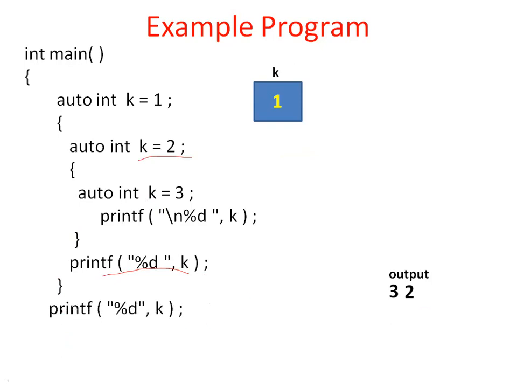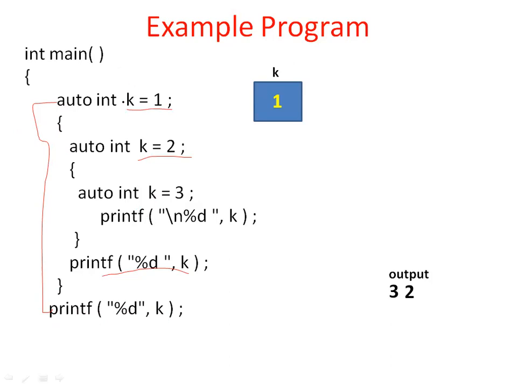Then again we have one more printf statement, percentage d comma k, here. This printf is within this block. So since it is within this block, the k value it accesses is k is equal to 1.